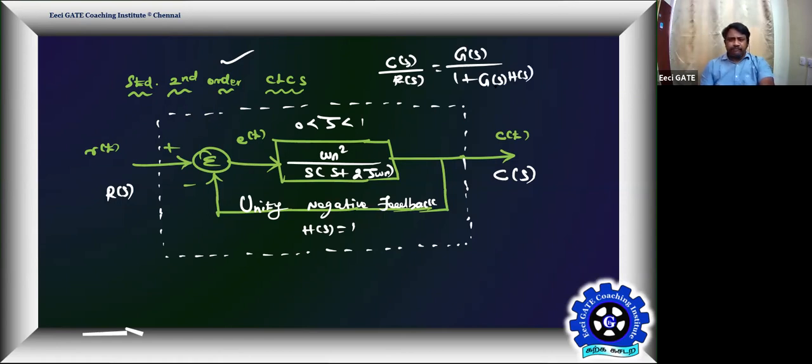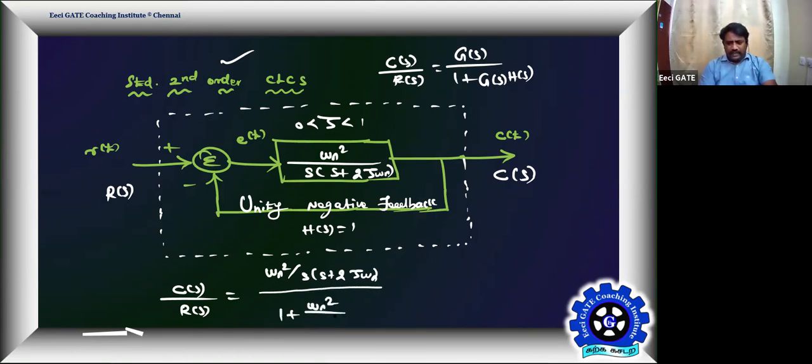Clear? Can you get the transfer function now? C of s by R of s is equal to, what do you get now? G of s, omega n square by s into s plus 2 zeta omega n, the whole divided by 1 plus omega n square by s into s plus 2 zeta omega n into 1.